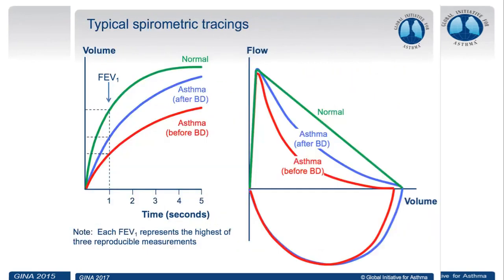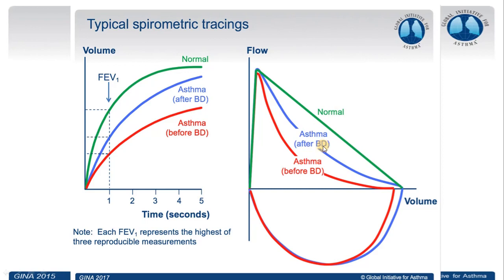As we can see here, the flow volume loop. This is the inspiratory loop and this is the expiratory loop. The patient has scalloping of the expiratory loop. In red there is a scalloping or limitation of the forced expiratory volume in the first second.